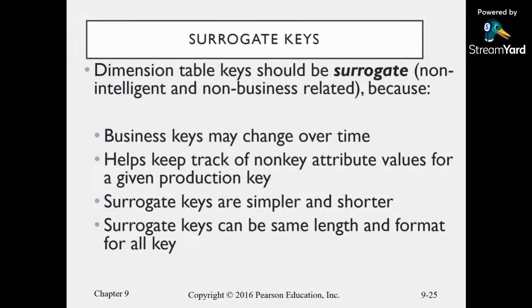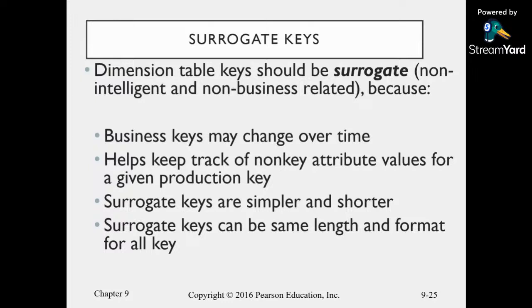Because the business may change over time, and it also helps keep track of non-key attribute values for a given product key. Surrogate keys are also simpler and shorter, and can be the same length and format for all other keys. The primary key of a fact table is typically a composite key of all its foreign keys.